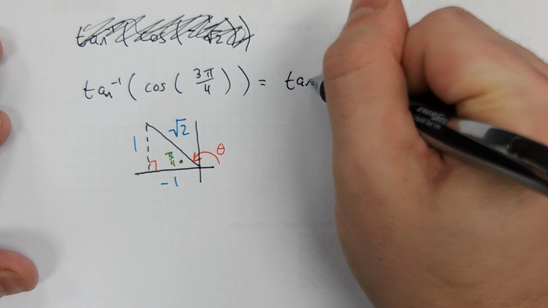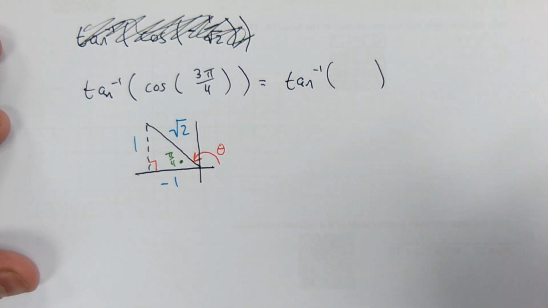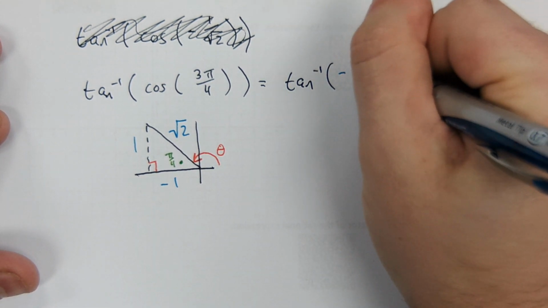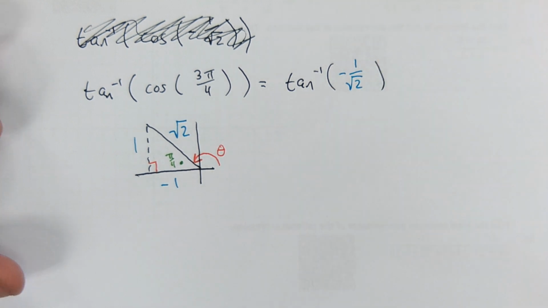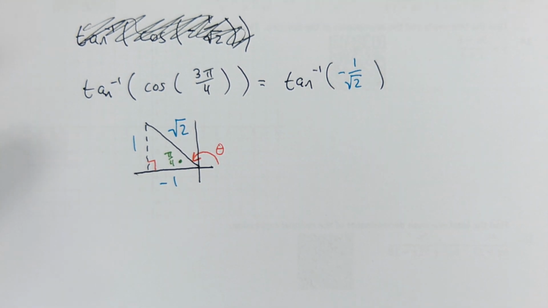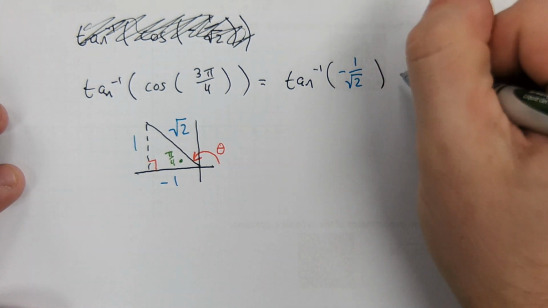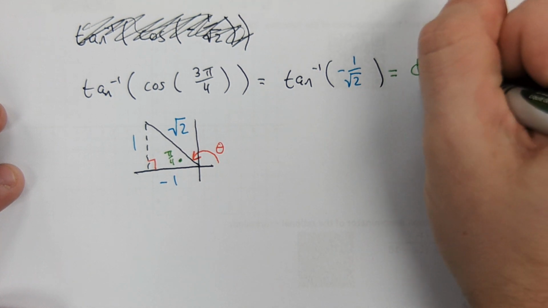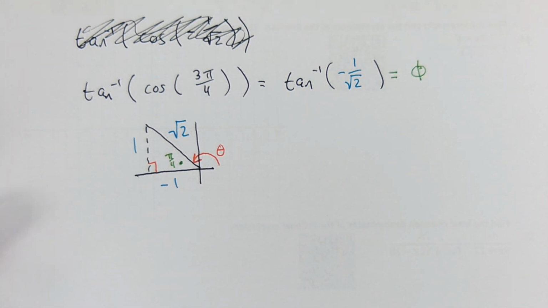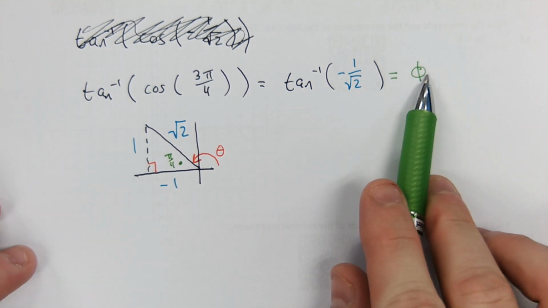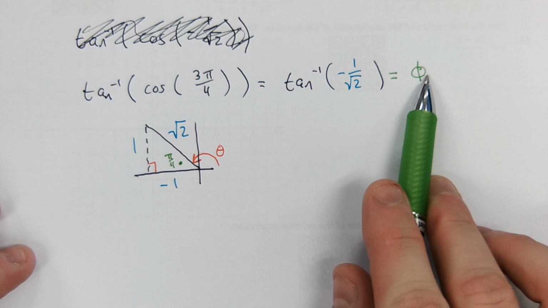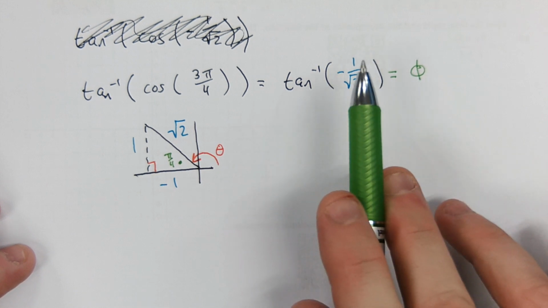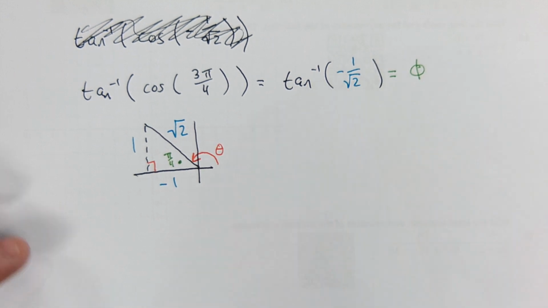This question actually says, what is tangent inverse of negative 1 over root 2? And remember, the result of all trig inverse is an angle. I've already used theta, so I'll move over to phi. And then I will figure out the angle that is as close to 0 as possible, so I can do less work, for which tangent would have given me a negative ratio.